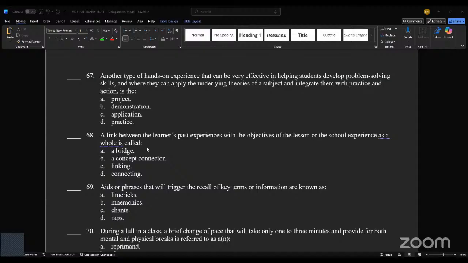69, aids or phrases that will trigger the recall of key terms or information are known as limericks, mnemonics, chants, or raps. Okay. 69 is mnemonics, just like Hooked on Phonics. Aids or phrases that will trigger the recall of key terms. So find a way when we're doing summary and you say, okay, if I put the word pixie on the board, everything you know about pixie should also be put on the board.